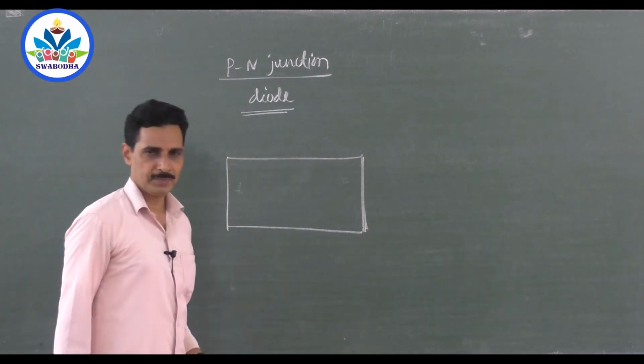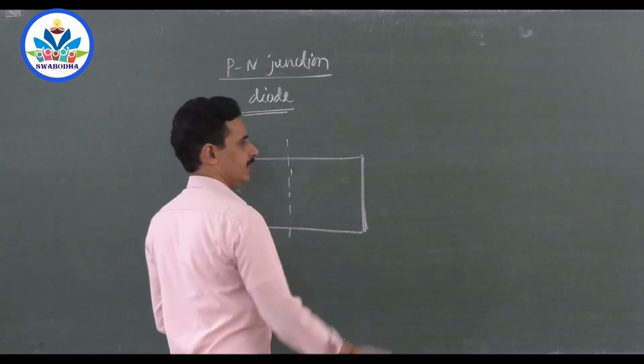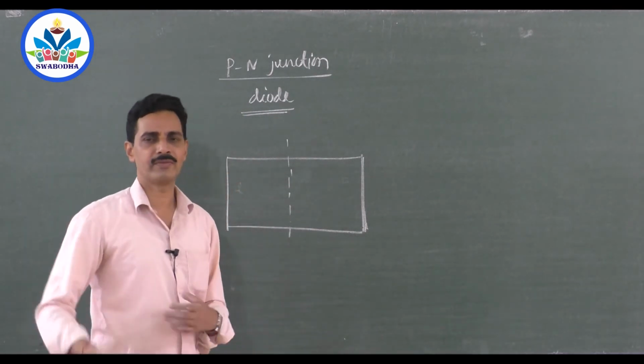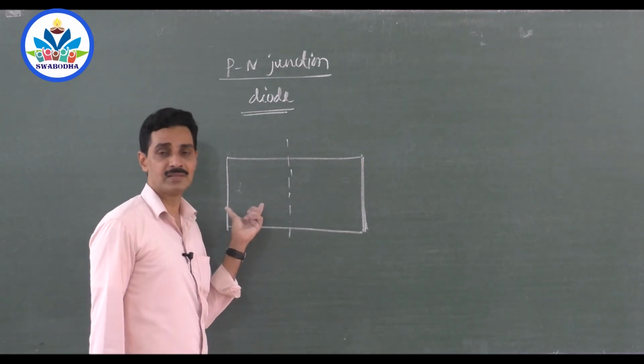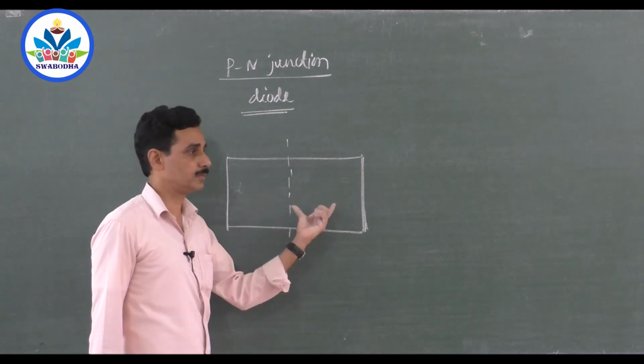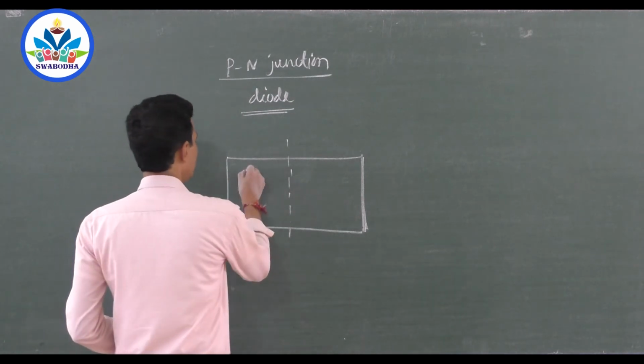It is not doped with impurity. Mask one side. What do you mean by masking? We don't dope that half, so it is not affected while we are doing something in the other half. If you are doping this with trivalent impurity, this shouldn't get affected. That is what you call masking.